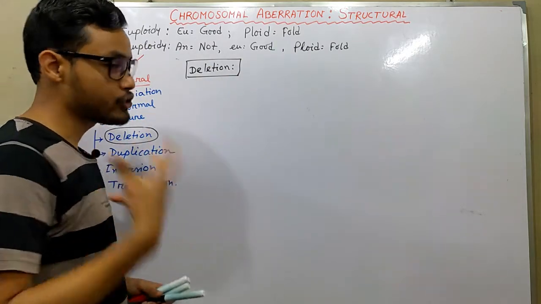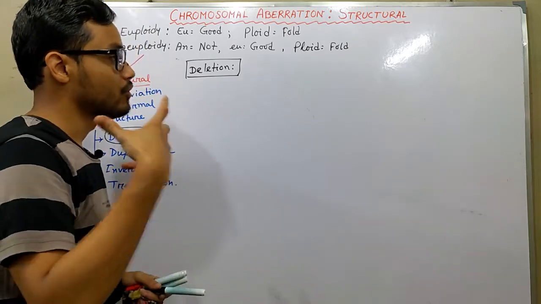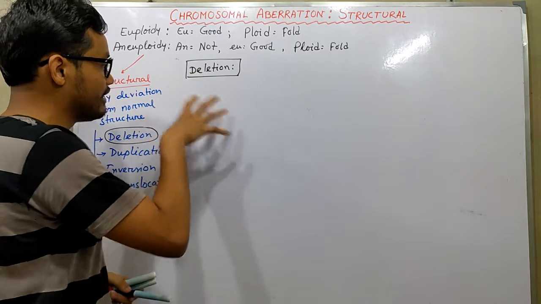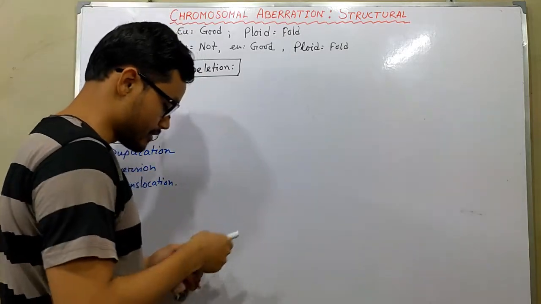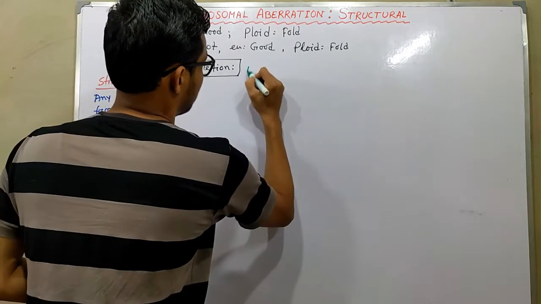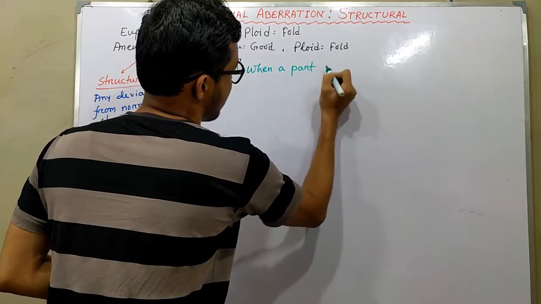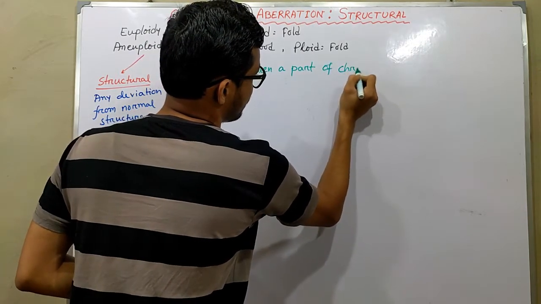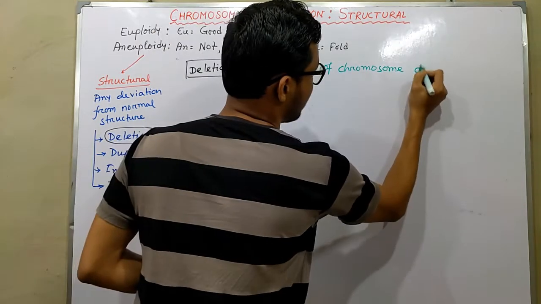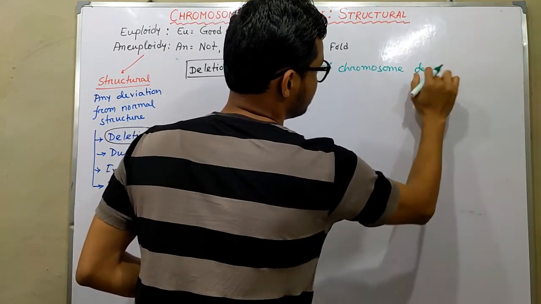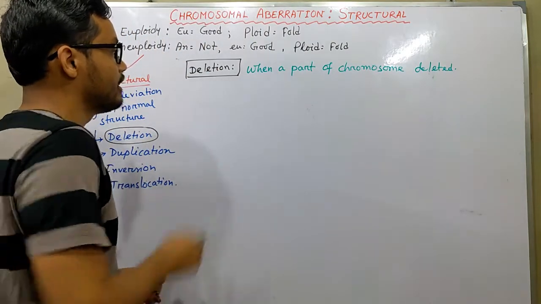When a portion of a chromosome is deleted from its original shape, it is called deletion. So when a part of the normal chromosome is deleted, this is considered deletion.